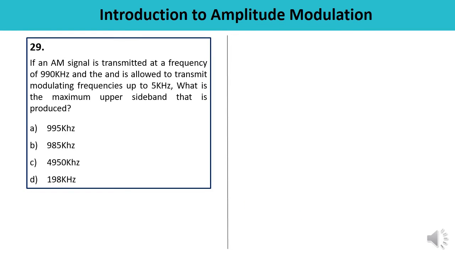In an AM signal which is transmitted at a frequency of 990 kHz and is allowed to transmit modulating frequencies up to 5 kHz, what is the maximum upper sideband which is produced? Frequency of upper sideband is the sum of 990 plus 5, means 995 kHz. So the correct answer is A.